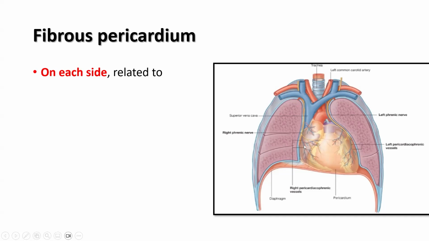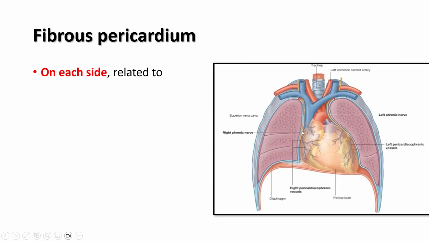So, just lateral to the fibrous pericardium, we can see there is mediastinal pleura and mediastinal surface of the lung. But in between the fibrous pericardium and mediastinal pleura, two more structures are present. One nerve and one blood vessel.